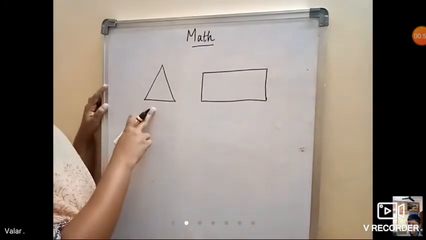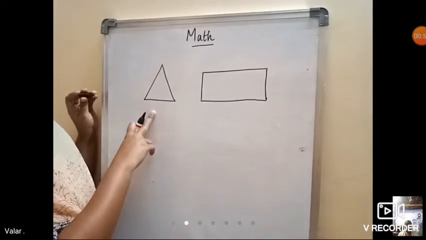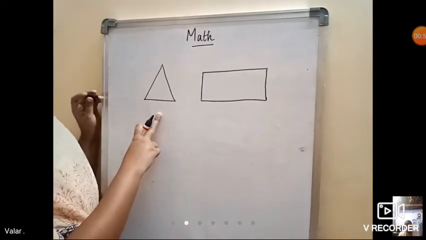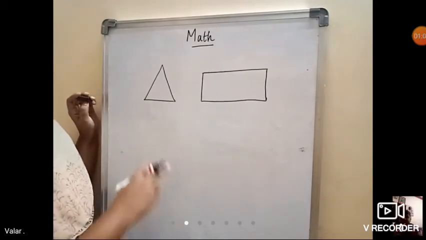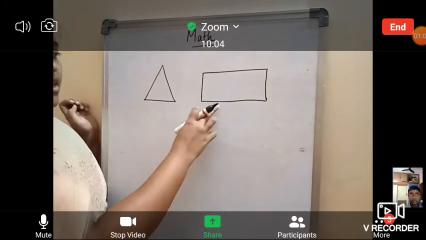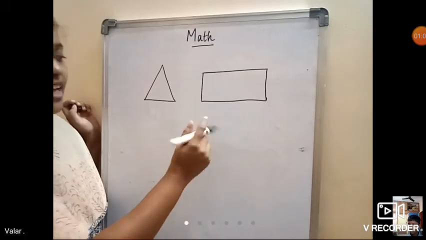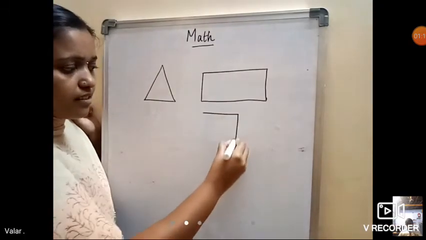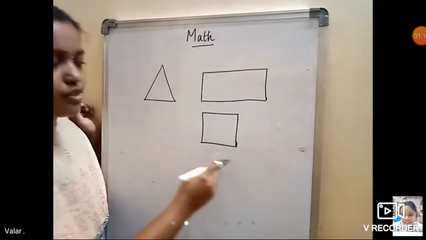Is this a circle? This is a triangle. Okay, this is a rectangle. This is a rectangle. Square.